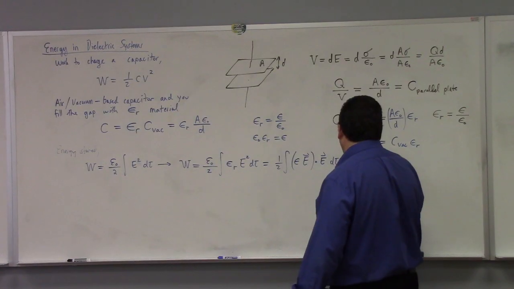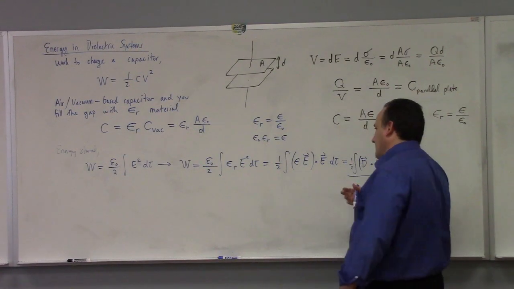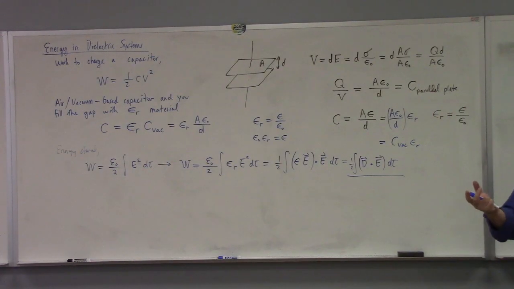So we might hope that the work needed to charge a dielectric-filled capacitor is given by that, which gives us an expectation of the energy stored in matter. If we have a material system, we can calculate the electrostatic energy needed to establish it by calculating the integral of 1/2 D dot E d tau over the system.